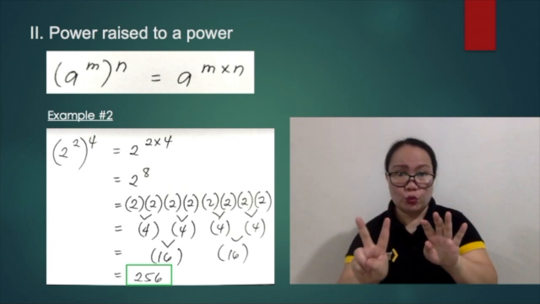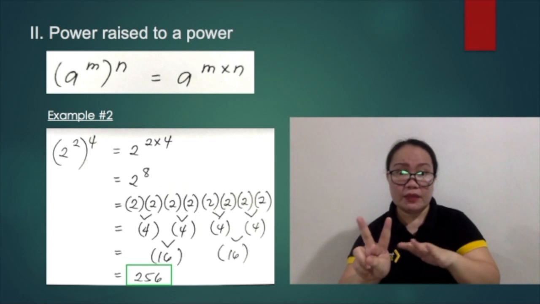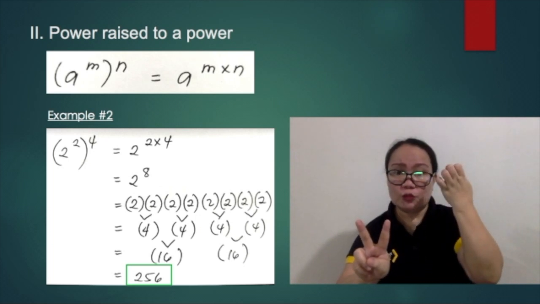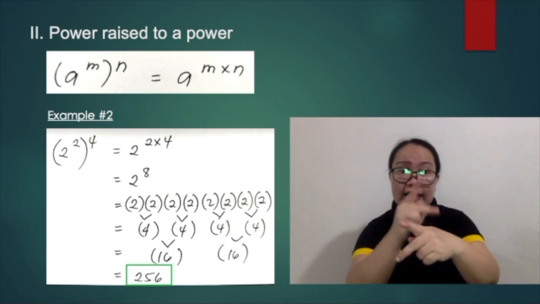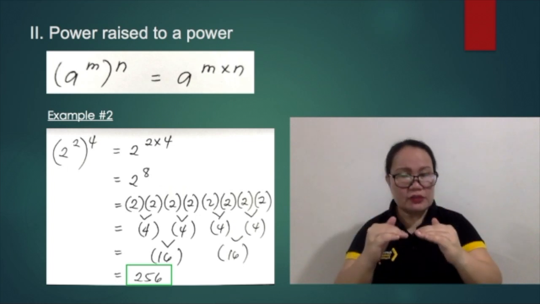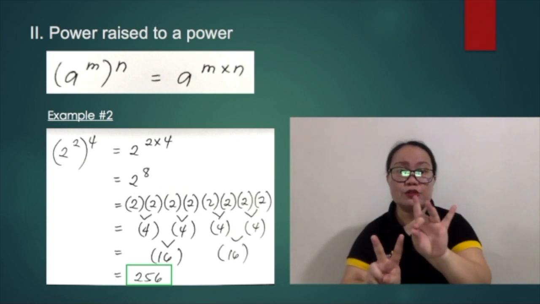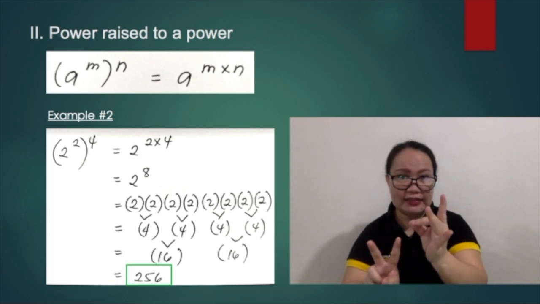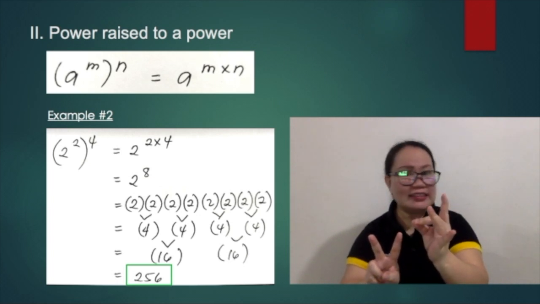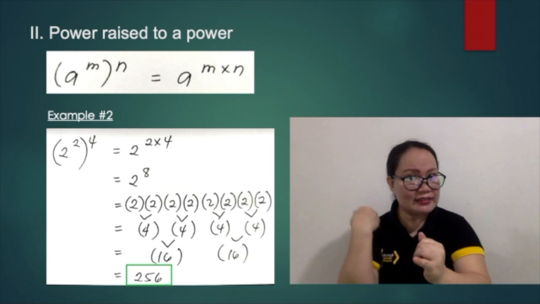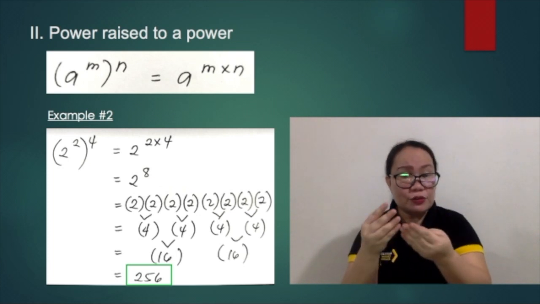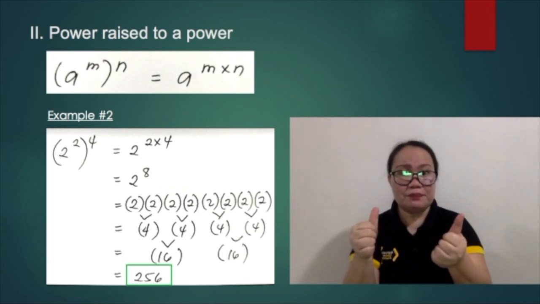So 2 is the base, and then the exponents, you multiply 2 times 4. So it's equal to 8. So 2 raised to the power of 8. So that is not the final answer yet. You just need to simplify it further.